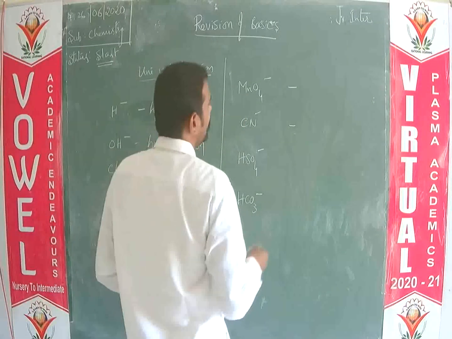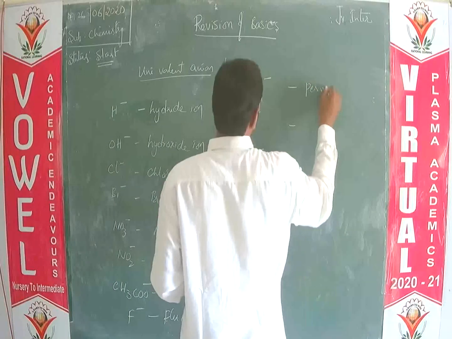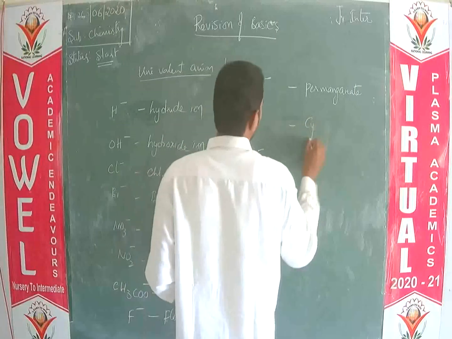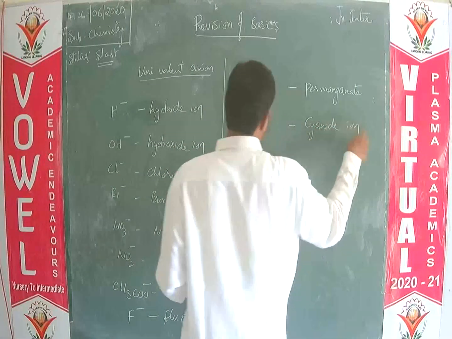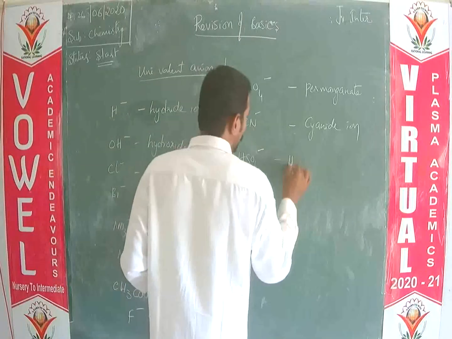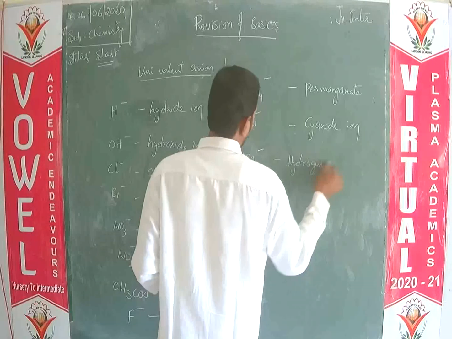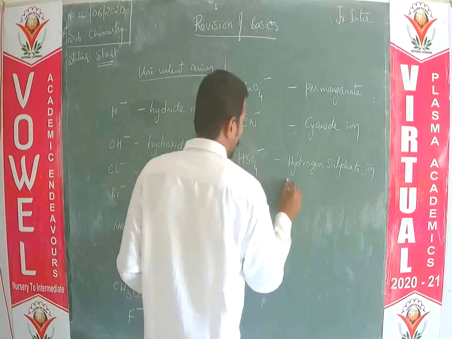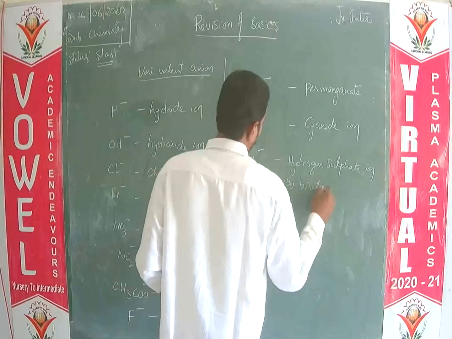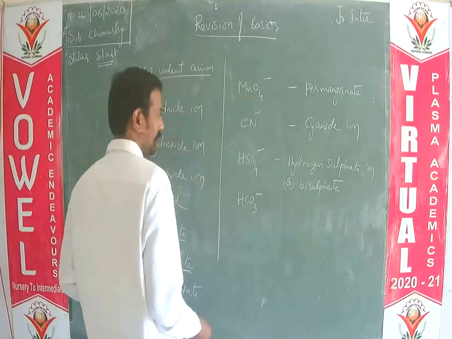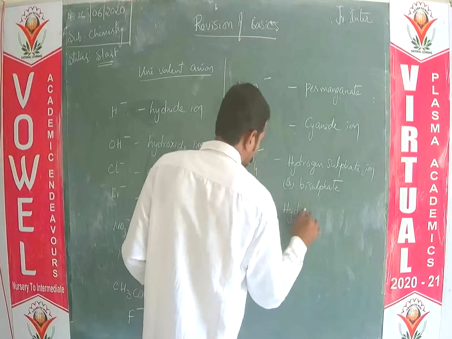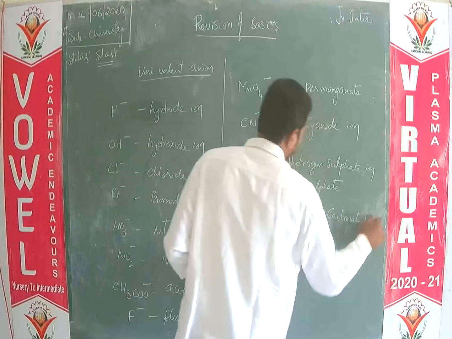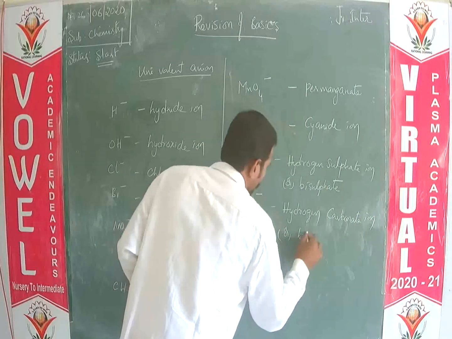Okay, what is MnO4 minus? This is permanganate ion. CN minus, this is cyanide ion. HSO4 minus, this is hydrogen sulfate ion, which can also be called bisulfate ion. This is hydrogen carbonate ion, or it can also be called bicarbonate ion.